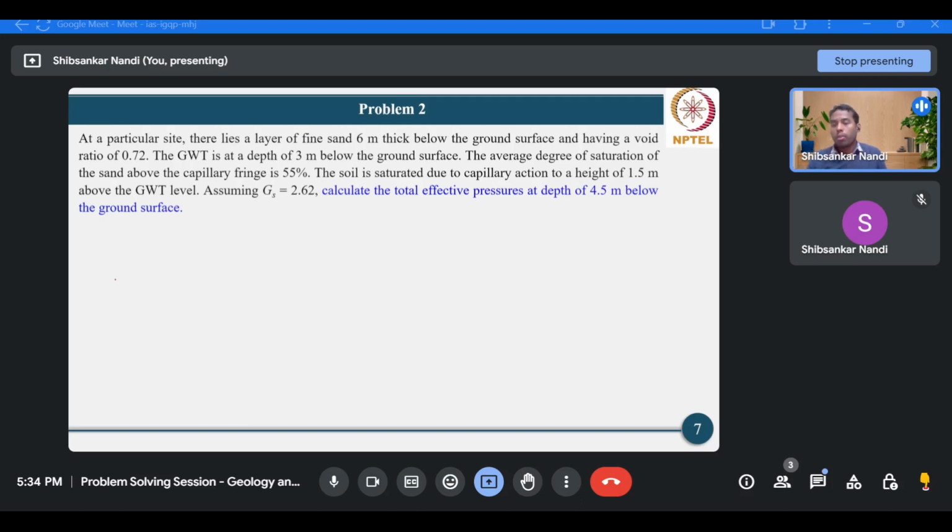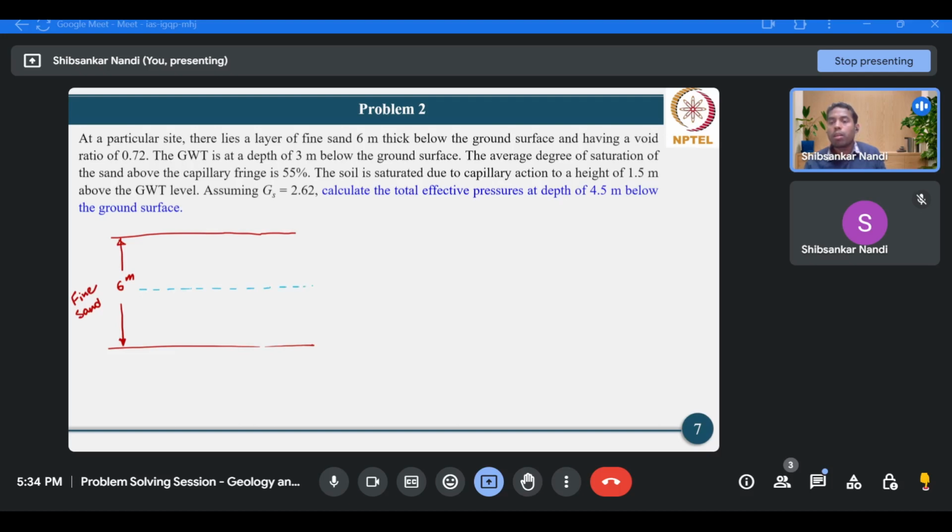So again, if we draw the problem definition, this is the 6 meter thick fine sand, and the water table is at a depth of 3 meter.